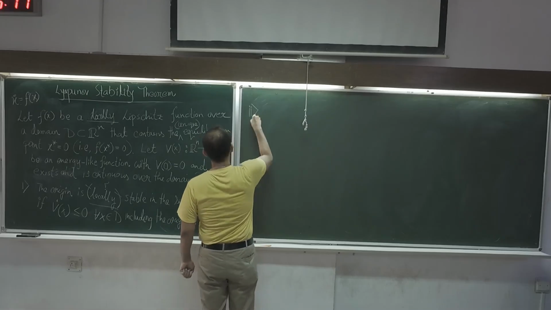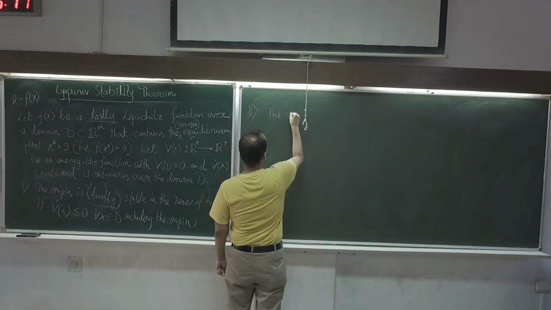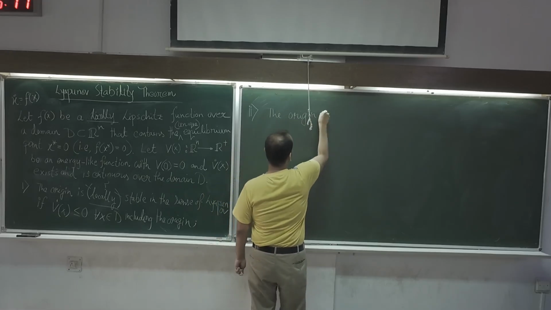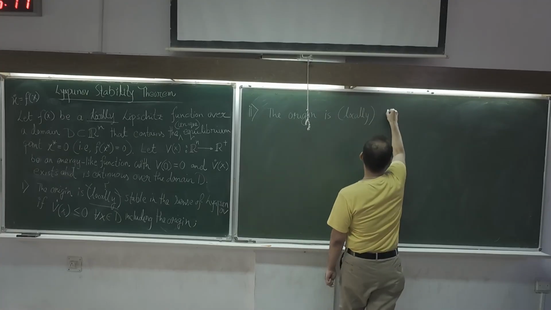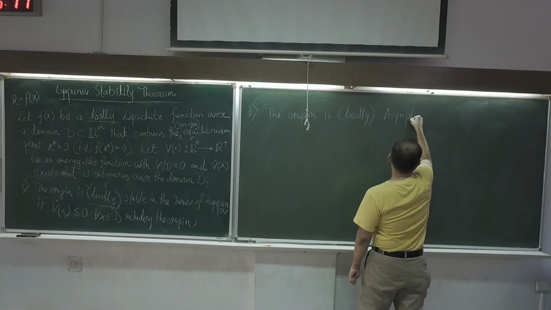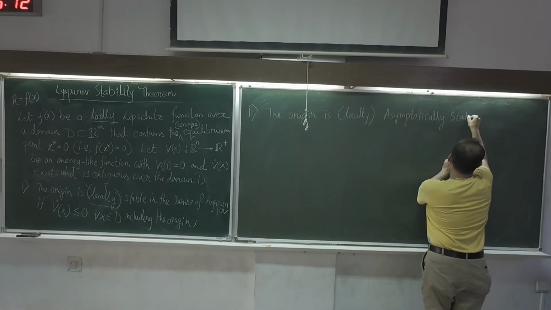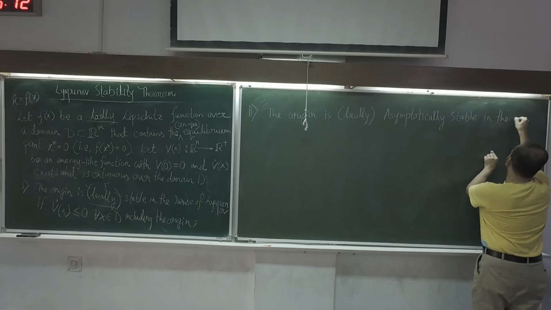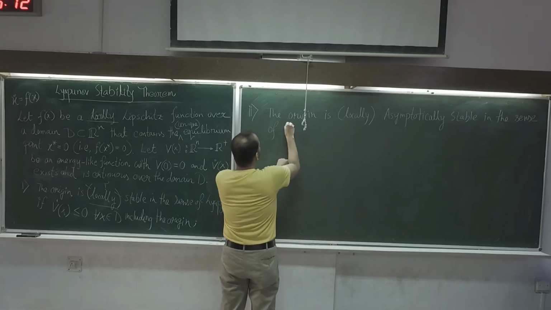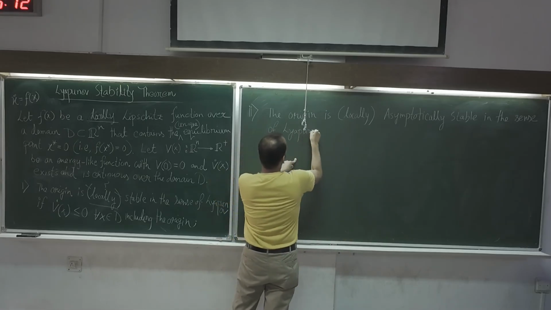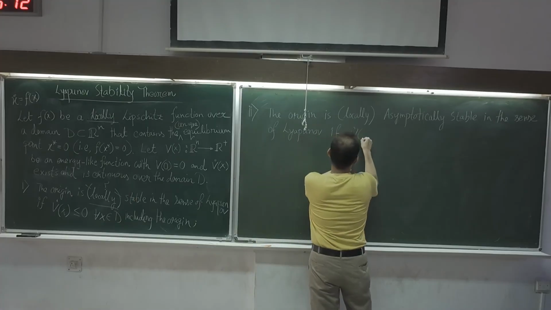So the second one, can you repeat what she said? The origin is locally asymptotically stable in the sense of Lyapunov, if V dot x is less than 0.